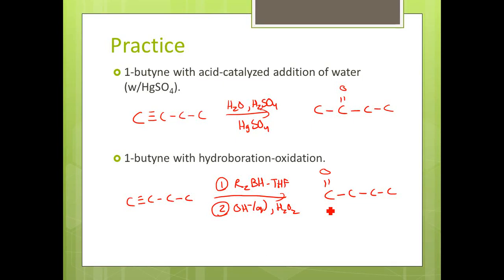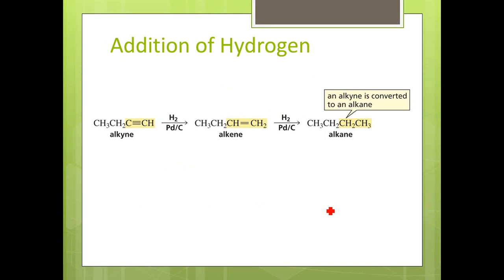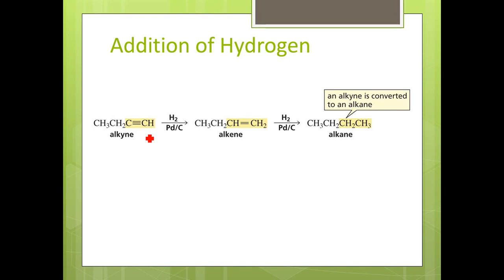Whenever we have these two going together, we're going to make that triple bond go away, turn it into a carbonyl, but the carbonyl ends up on the side that had the most hydrogens. So in this case, the terminal end.